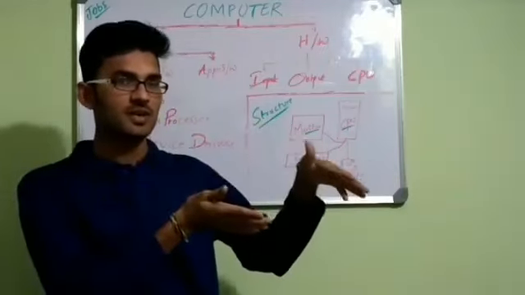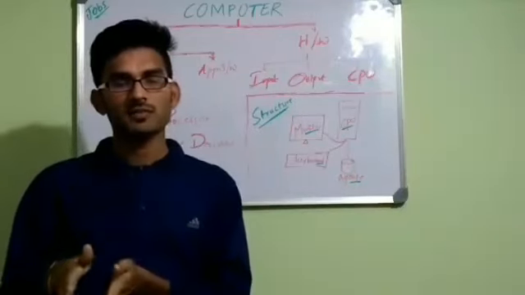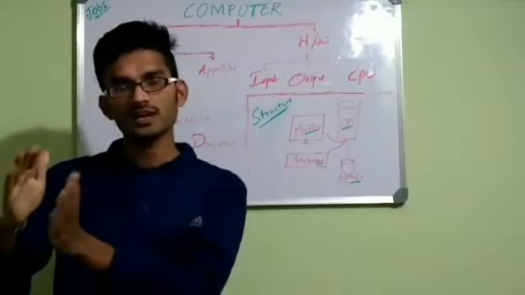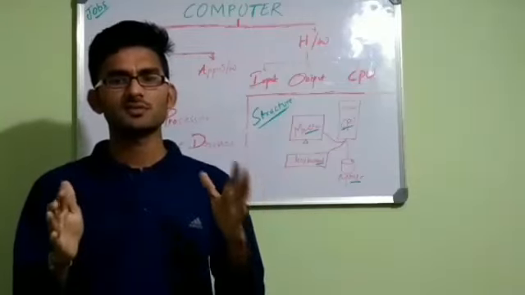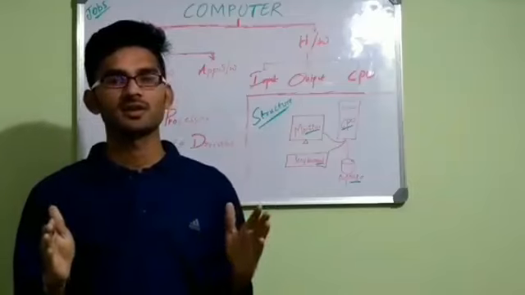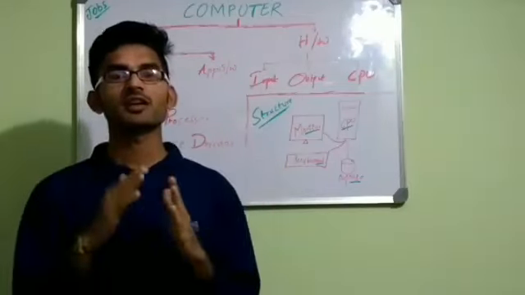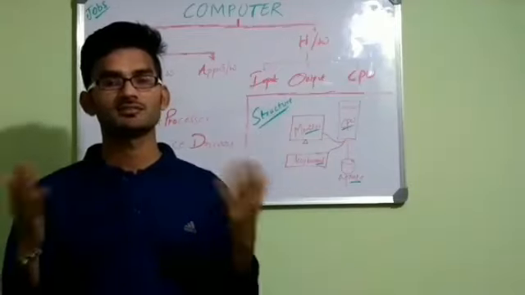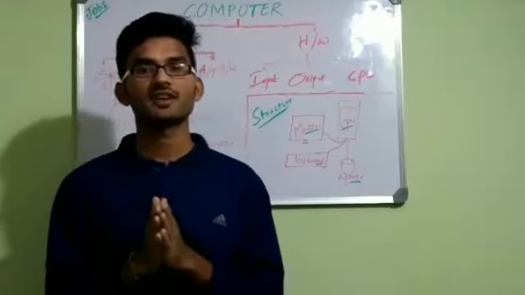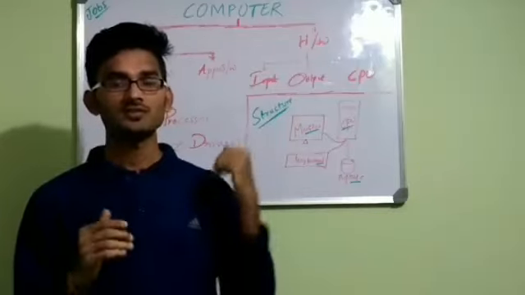For the Facebook application I opened, it allocates some memory, and for the web browser it allocates some memory, along with time management and process management. All these tasks are performed by the operating system. Without an operating system we cannot run any application. It's very difficult, I would say impossible.